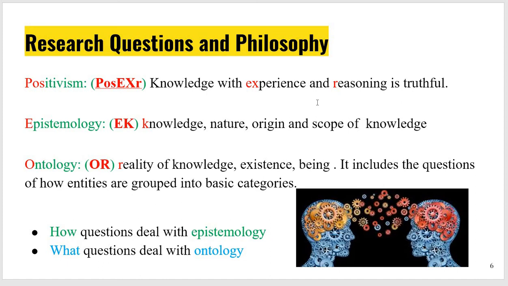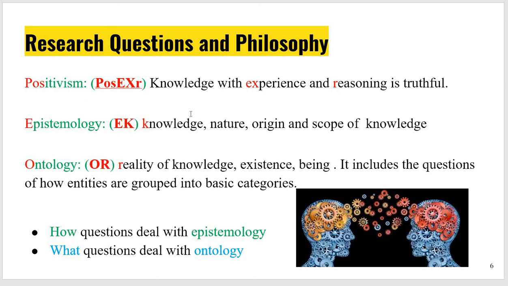Basically, we get knowledge through our experience. We put our hand in a burning water and we say that boiling water burns. This knowledge has been gotten through experience or reasoning. Reasoning means there is a connection of logic.